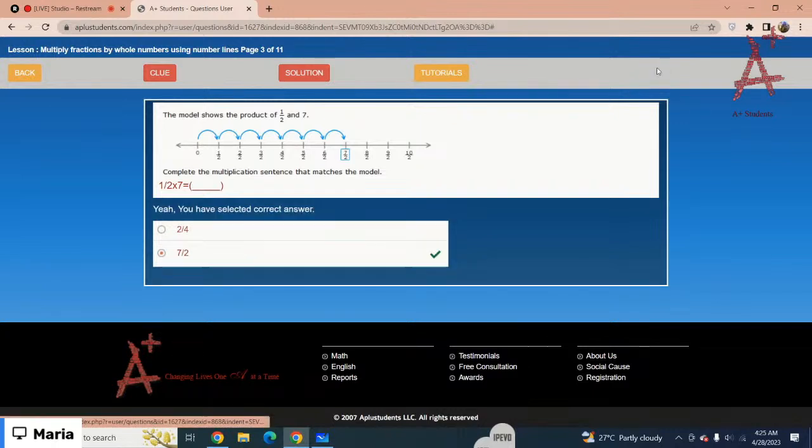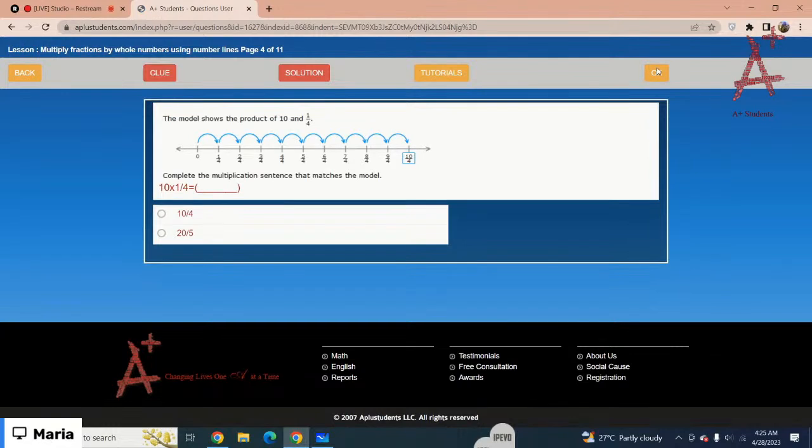So the correct option is 7 over 2. 10 times 1 by 4 equals, yes, that would be 10 over 4. 10 times 1 by 4 is 10 over 4.